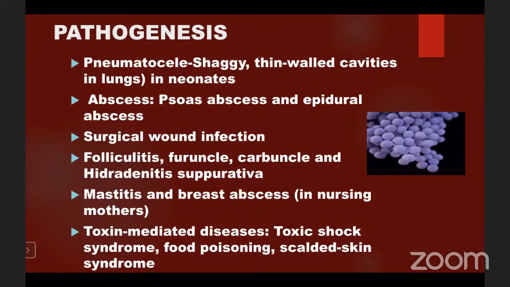Abscesses: psoas abscess, epidural abscess, surgical wound infection, folliculitis, inflammation of follicles, carbuncle, and hidradenitis suppurativa, mastitis, and breast abscess in nursing mothers. Toxin-mediated diseases such as toxic shock syndrome, food poisoning, scalded skin syndrome will be there.